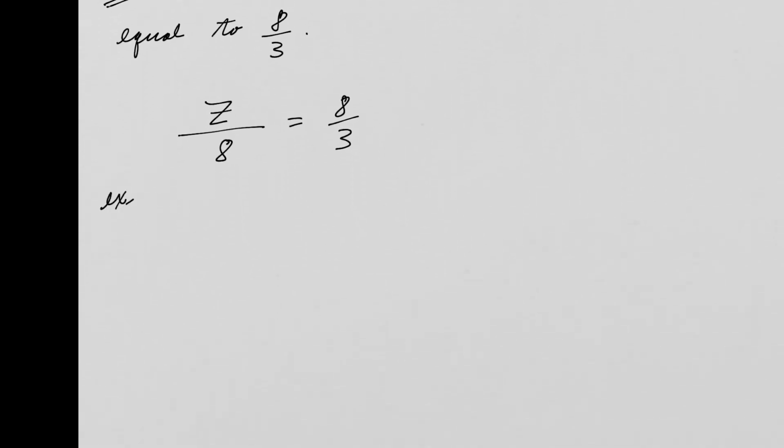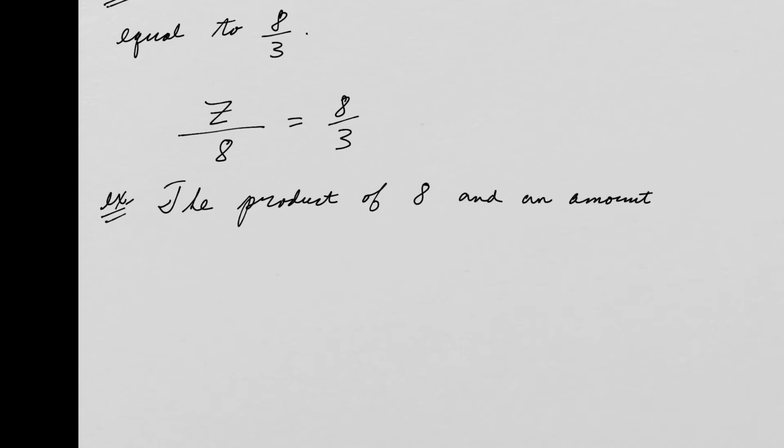Here's another example. Let's say you're told the product of 8 and an amount is the same as 32. Okay, so our unknown here, right, is an amount.